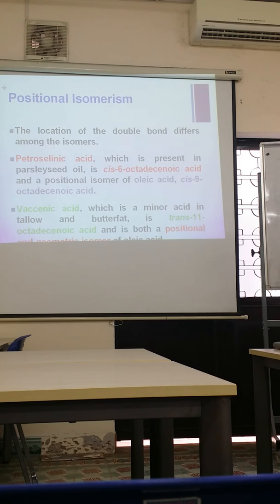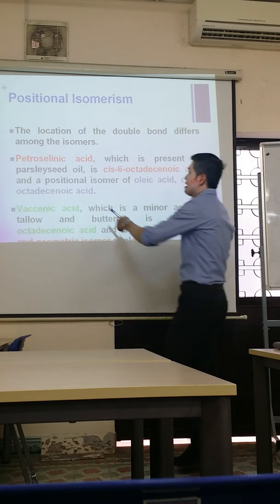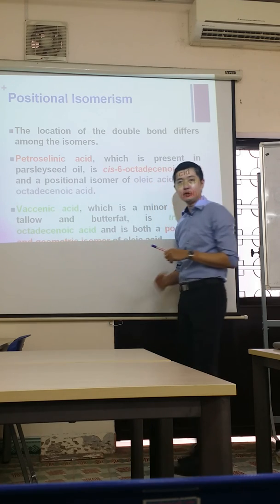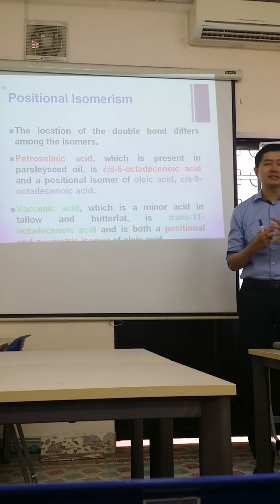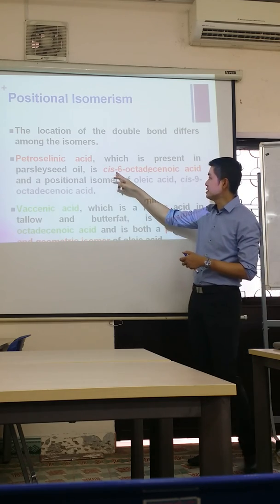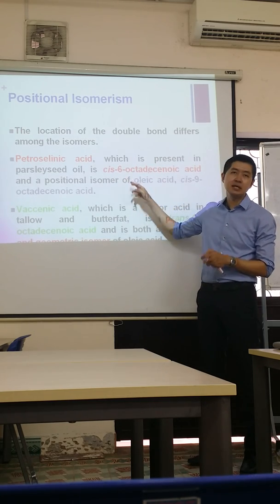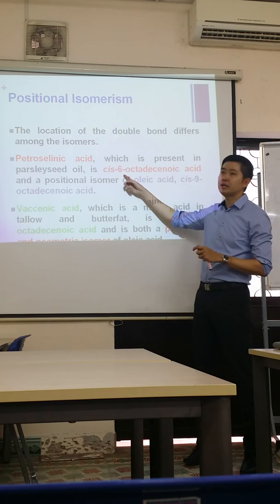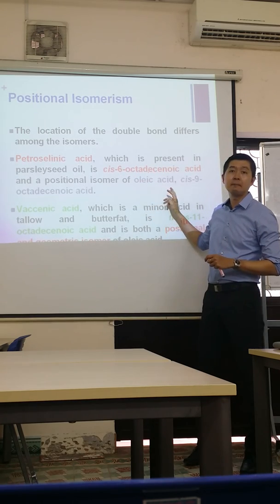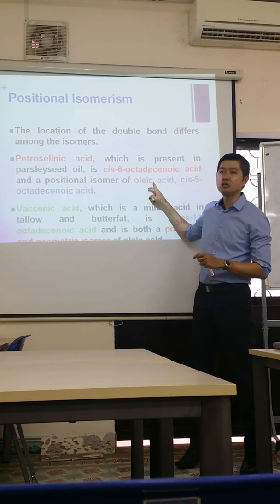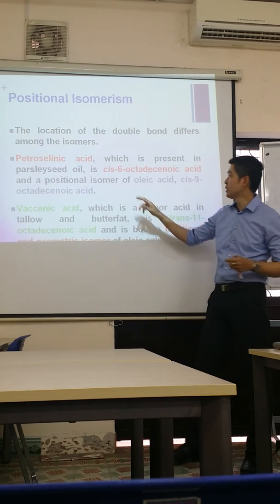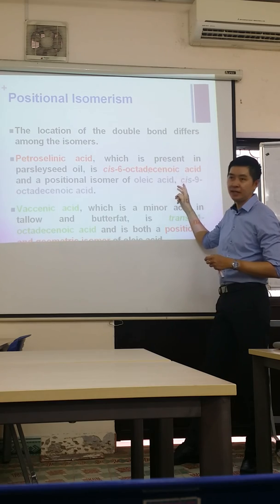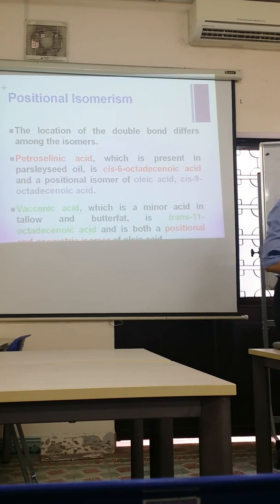Right? So we also have others. For example, petroselinic acid, parsley seed. You know parsley? The type of herbs, parsley seed. They have cis 6, which means that the double bond appears at carbon number 6, not carbon number 9. So these are positional only, not geometrical because both are cis. Okay, so position. Right?